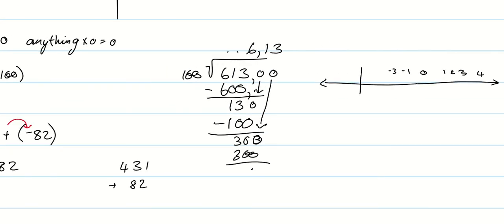Negative 431. And what are they asking? We should move further. We should subtract how much? 82. So we are going to be moving in this direction 82 times. We'll be jumping like a rabbit.